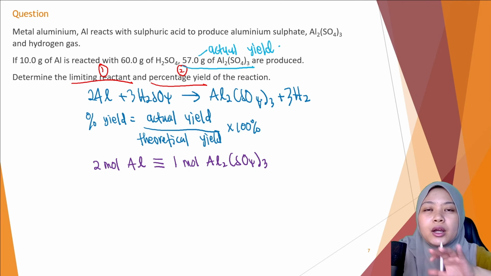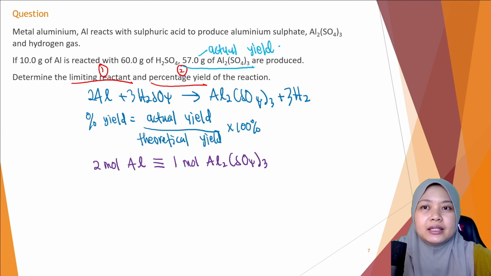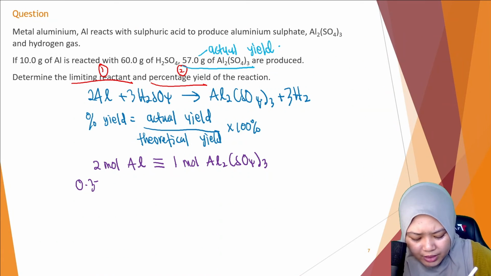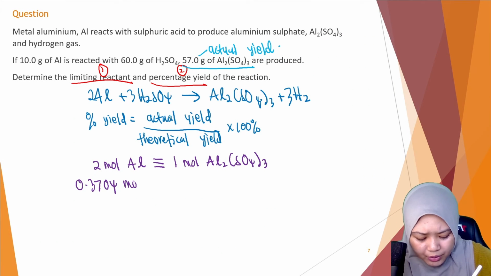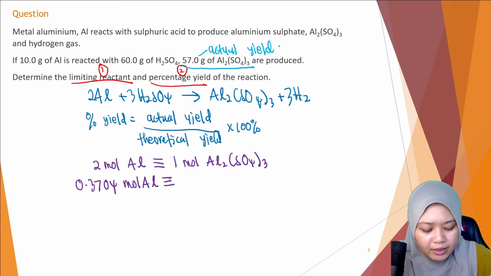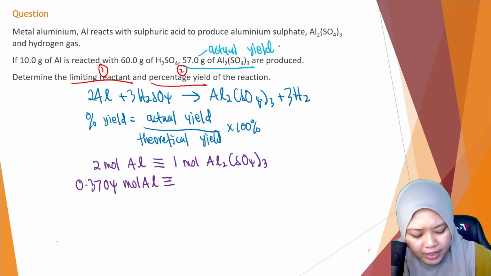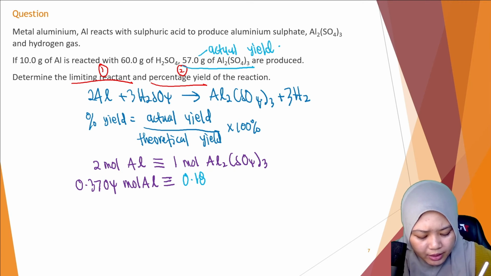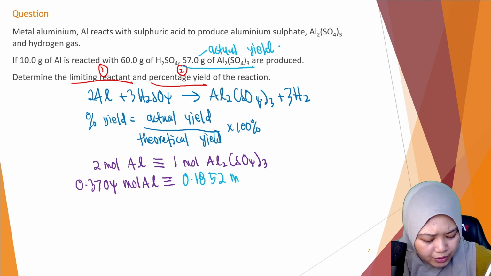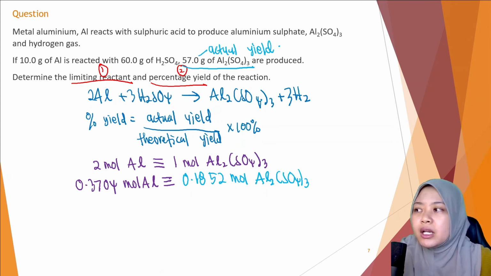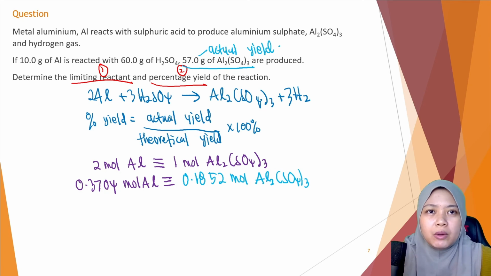Then you compare mol aluminium available yang datang daripada 10 gram aluminium, 0.3704 mol aluminium, you akan dapat berapa? So you bahagi atas darab tepi, you get 0.1852 mol aluminium sulfate.